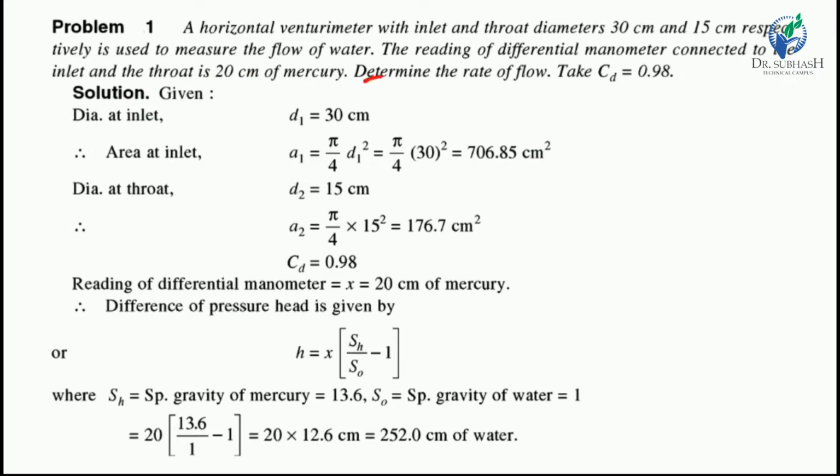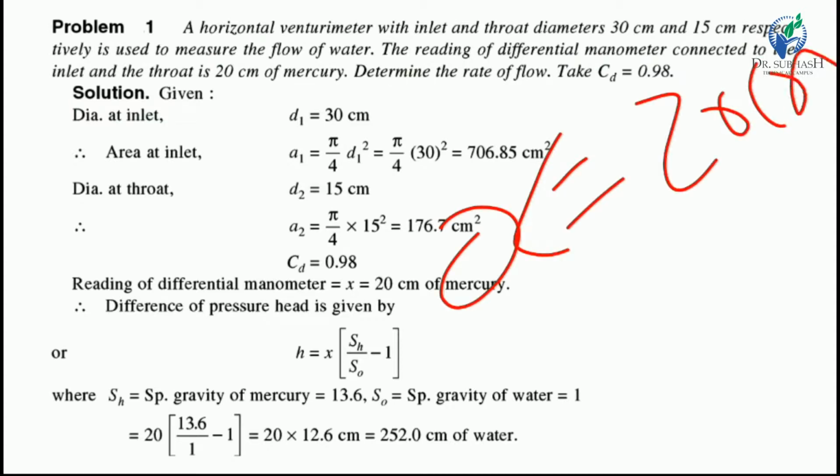The reading of the differential manometer connected to the inlet and the throat is 20 centimeter of mercury. Here a U-tube differential manometer is used and the reading of the manometer is 20 centimeter, so it is defined by x. The x value is 20 centimeter.